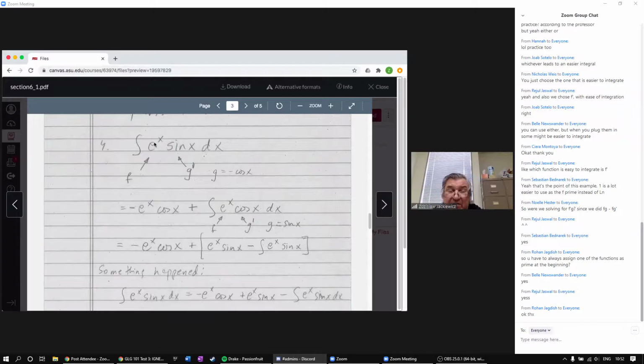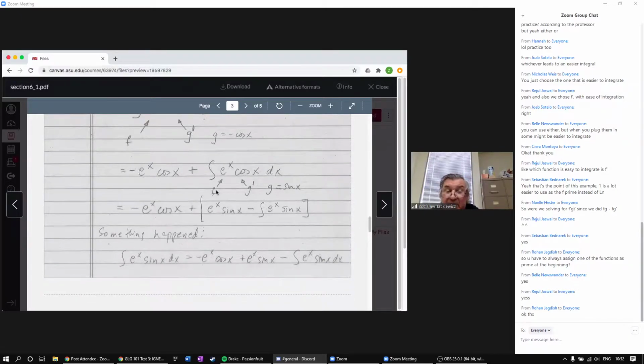So what's the conclusion? In order to compute the integral of e to the power x sine x, we now have to compute the integral of e to the power x cosine x. Okay, let's do this again. Once more, let's call e to the power x f, and cosine x g prime. So this time g is sine x.